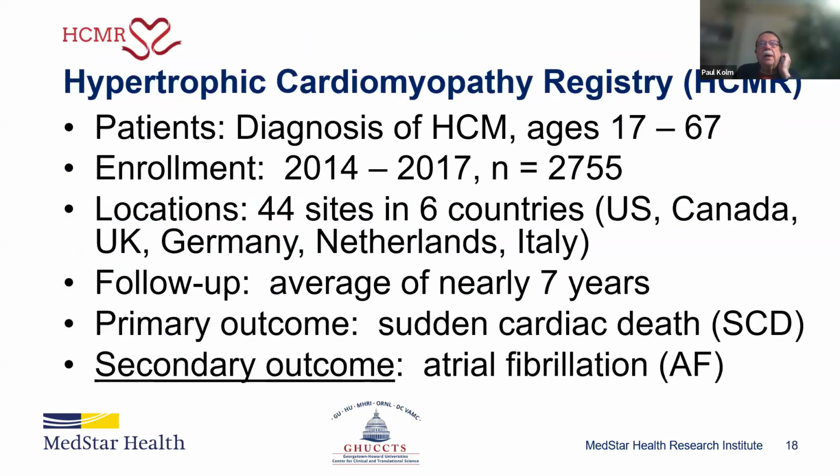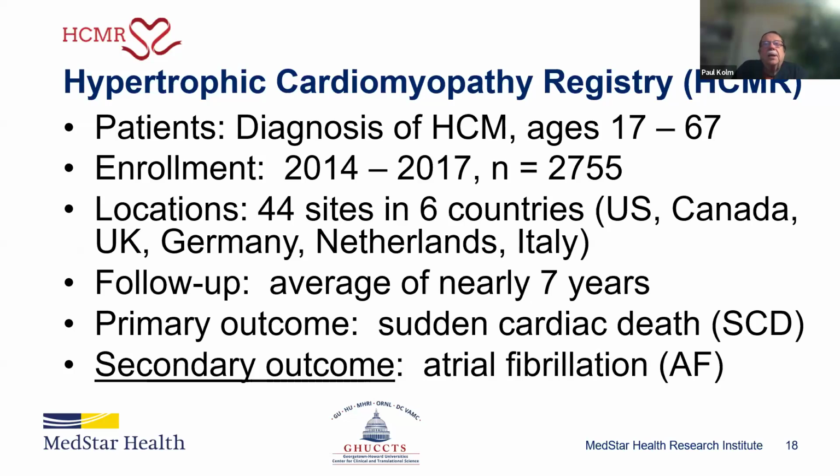So I want to give an example from a data set that we have been working on for, well, actually, we just submitted the main paper a few weeks ago, but this is a study about hypertrophic cardiomyopathy. It included patients between the ages of 6 and 7 that had been diagnosed with HCM.